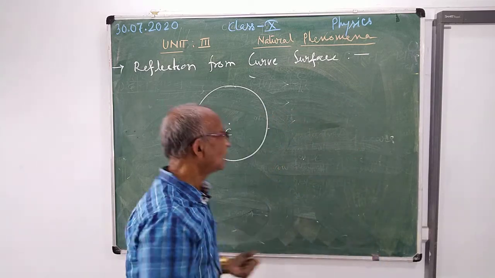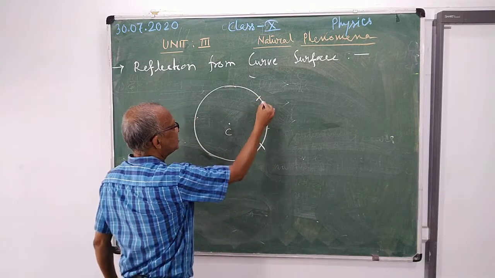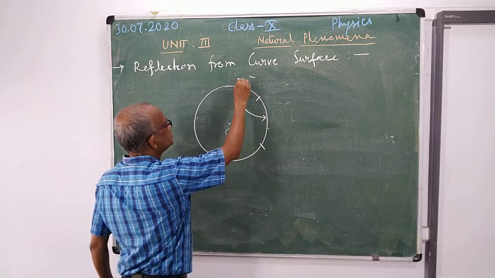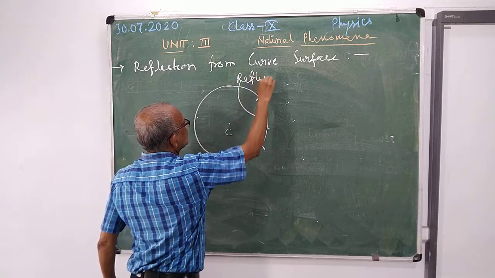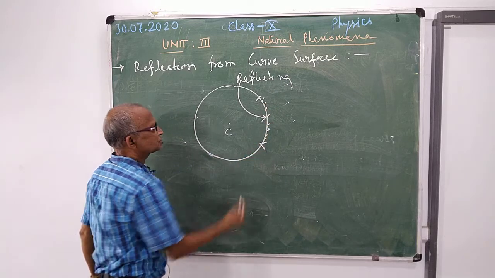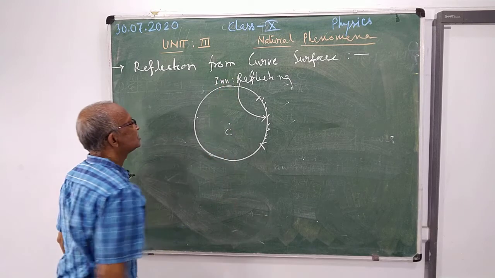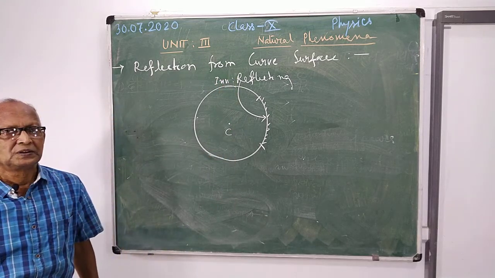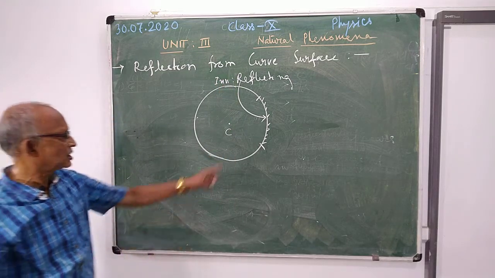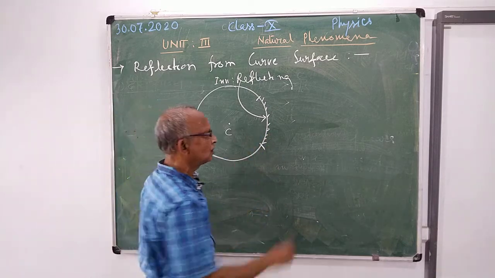Now, if I take such a section, the inner surface is reflecting and the outer surface is non-reflecting. This type of mirror is called a concave mirror.